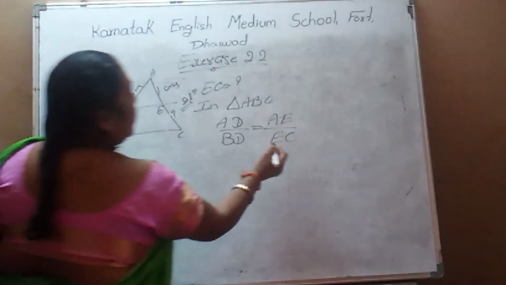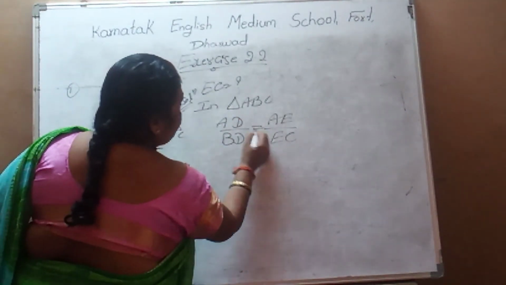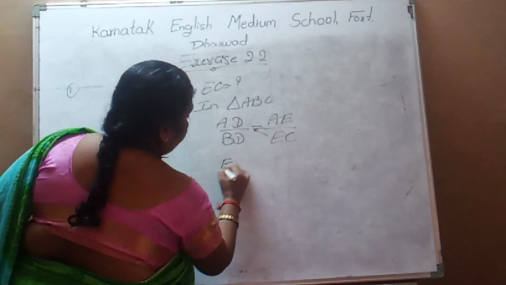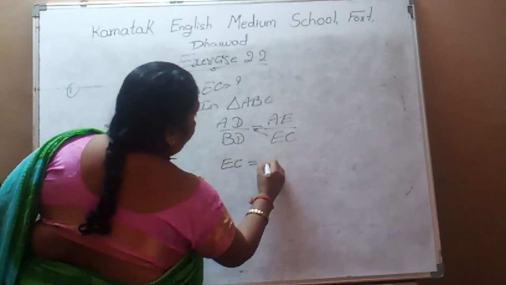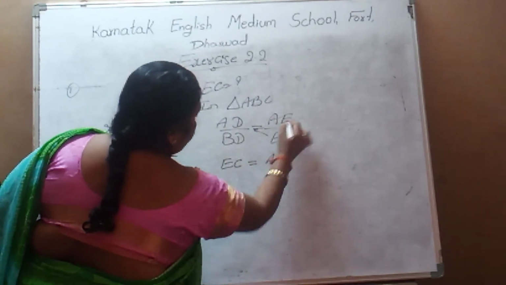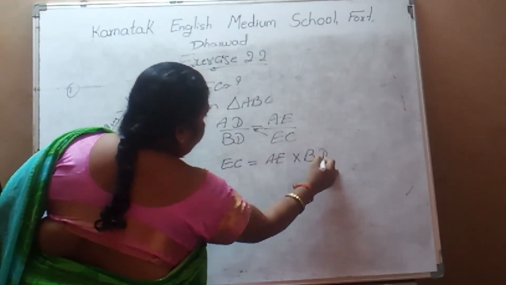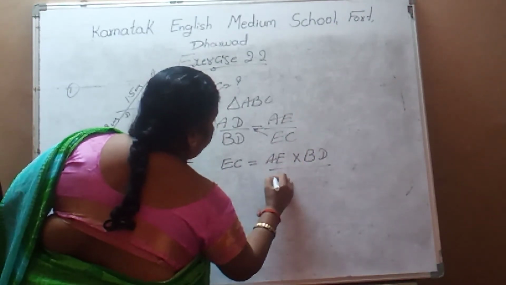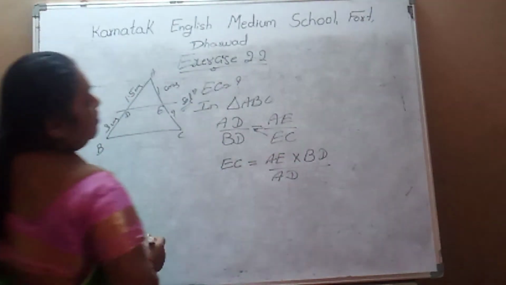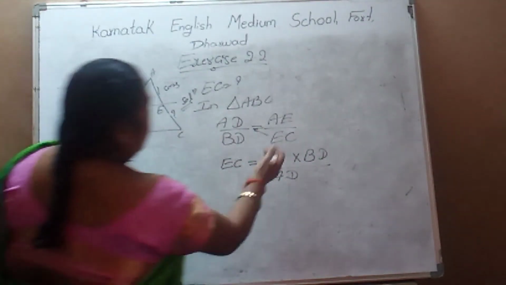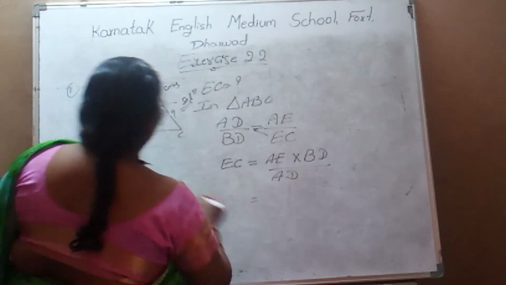What do you want here? EC. You transfer this to here. EC equals AE as it is, and BD comes in multiplication, divided by AD. You fill in the values already given.